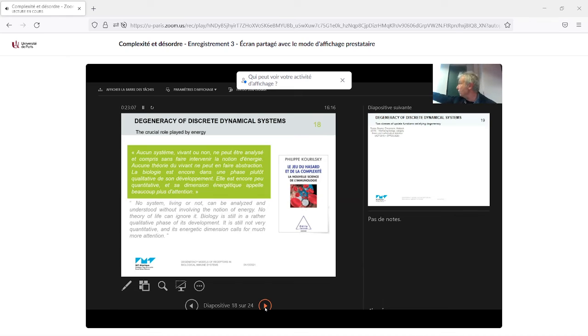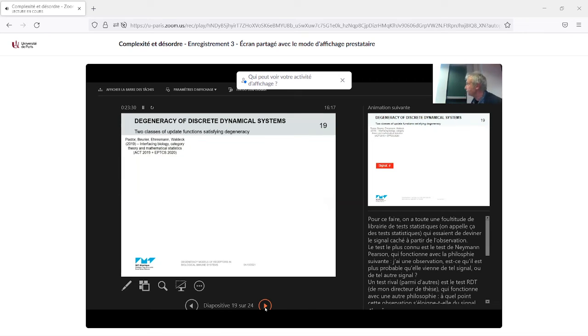And it has to take into account the energetic dimension of the problem. So surprisingly enough, biologists are not that motivated by energy, except Véronique, in fact. But that's true, that's very surprising. And so we'll find again this energy in what follows.